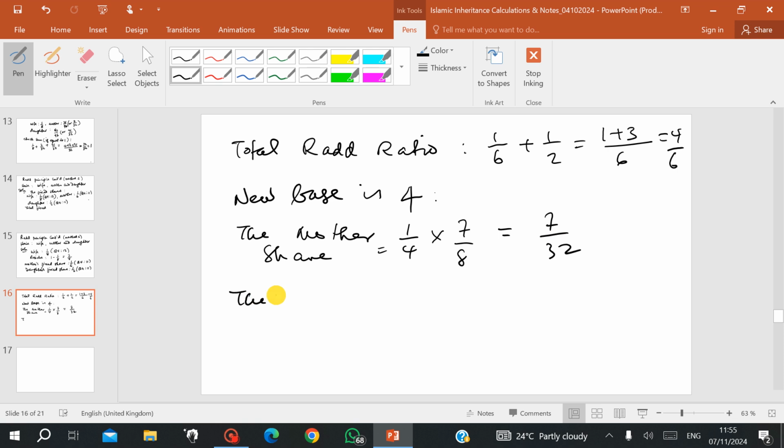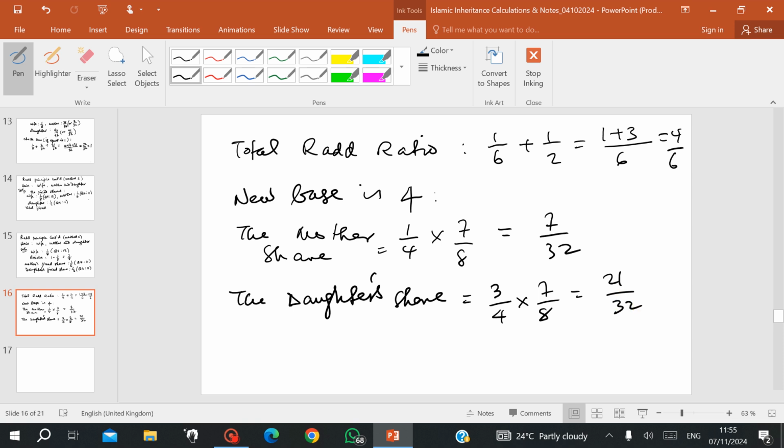Then the daughter's share will be, we can see here, 3/4 times what we are returning to them, or the balance that they are taking from, which is 7/8, giving 21/32. So we are done. This second method is very simple. It's simpler than the first one.